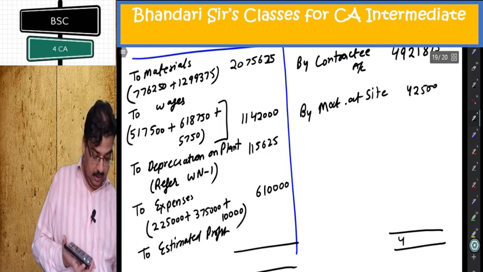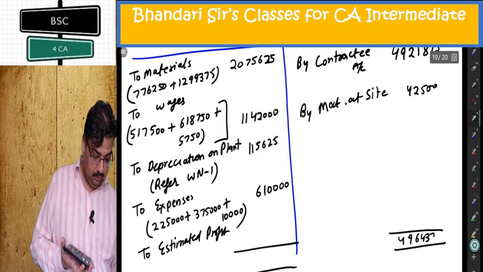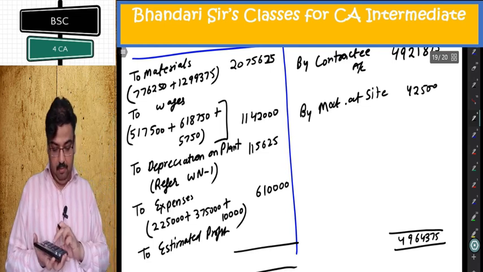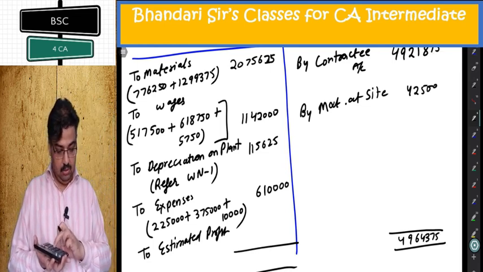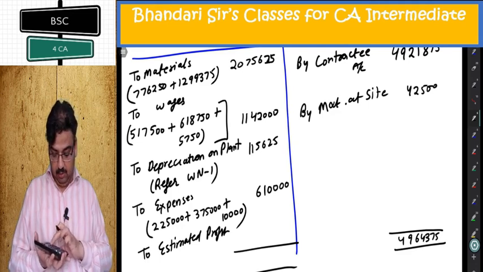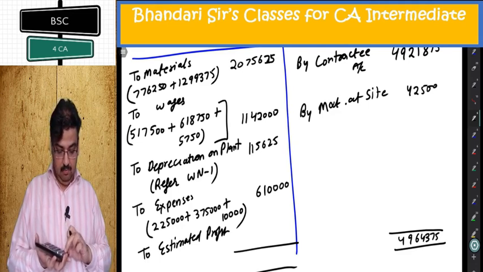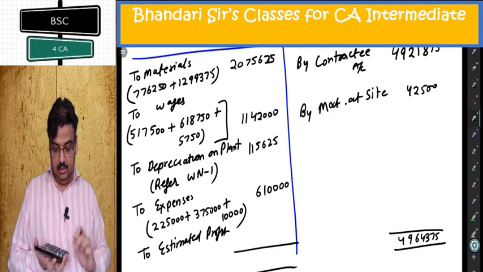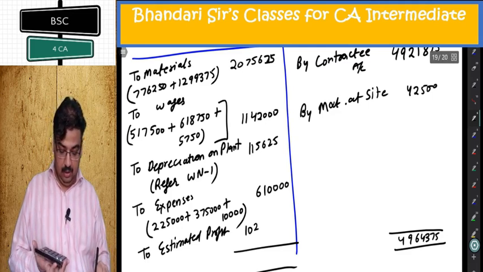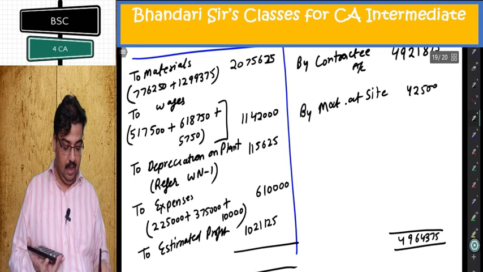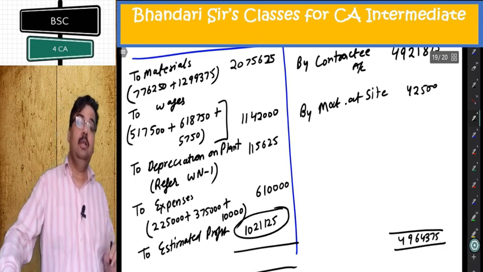The aggregate I am getting is 49,64,375 minus 20,75,625. 11,42,000 minus 115,625 minus 6,10,000. I am getting is 10,21,125 as estimated profit in this contract.